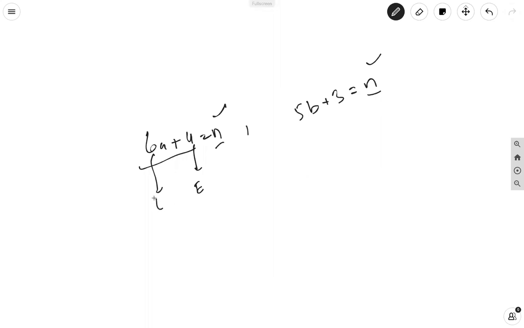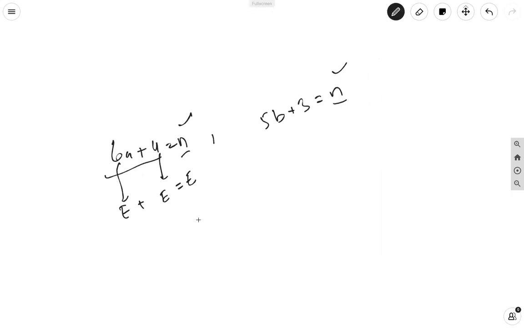So even plus even will result in an even integer. Using that, if this term is even, this term should be even as well. How can we come up with the even term on this side? This is odd. So what should this be so that the addition of these will be even? Odd, it should be odd. So you have to put such values of b so that the output is even.